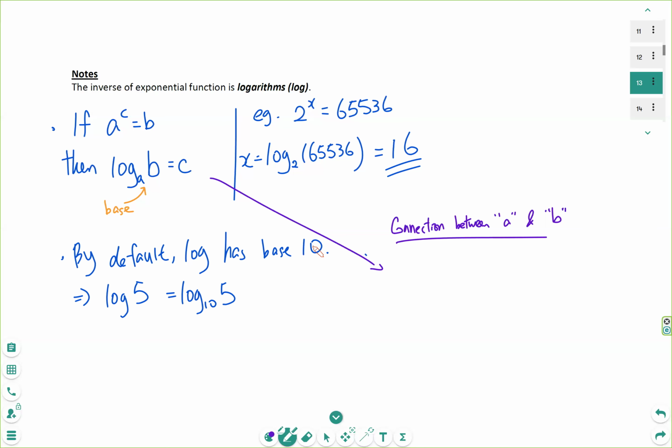You'd be thinking about how many powers of a to reach b. So for example, here it is 2, how many powers of 2 does it take to reach 65536. That's the ratio between the log base and the number here.